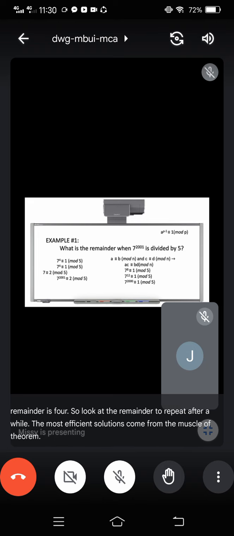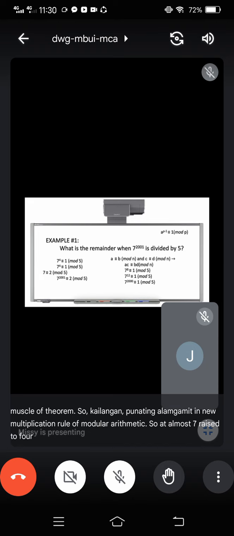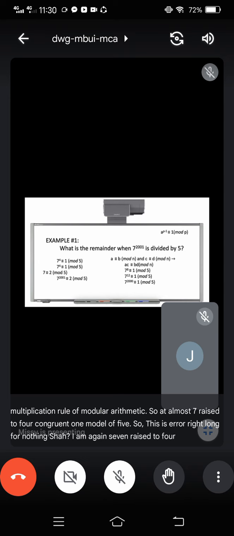Kailangan po nating gamitin yung multiplication rule of modular arithmetic. So, 7 raised to 4 is congruent to 1 modulo 5.